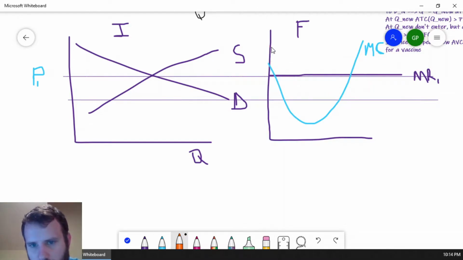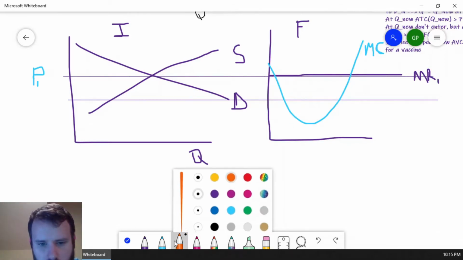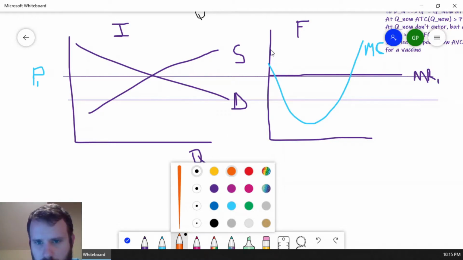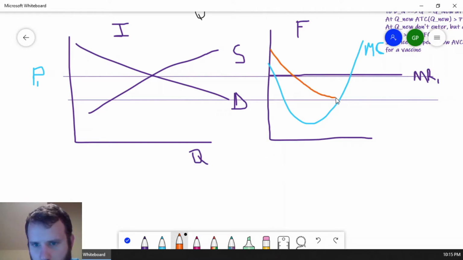Let's try one more time. So marginal cost is going to equal average total cost at the minimum average total cost. Right? I've explained this like 3 times now, so hopefully that's stuck.